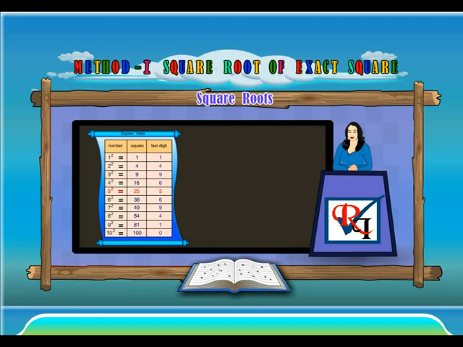Now, if you observe the other numbers, you come to know that the ending digits of the squares of 1, 2, 3, 4 are equal to the last digits of the squares of 9, 8, 7, 6, which are 1, 4, 9, 6 respectively, and the square of 10 is 100.